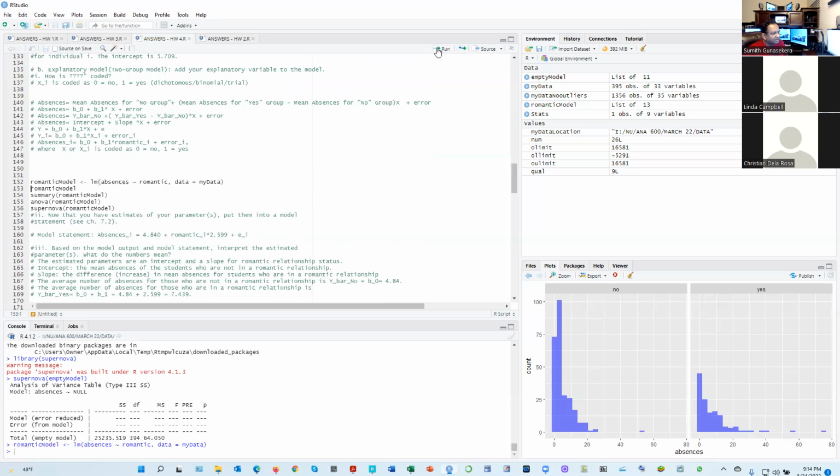Now we're going to run it, and then we can get the model.